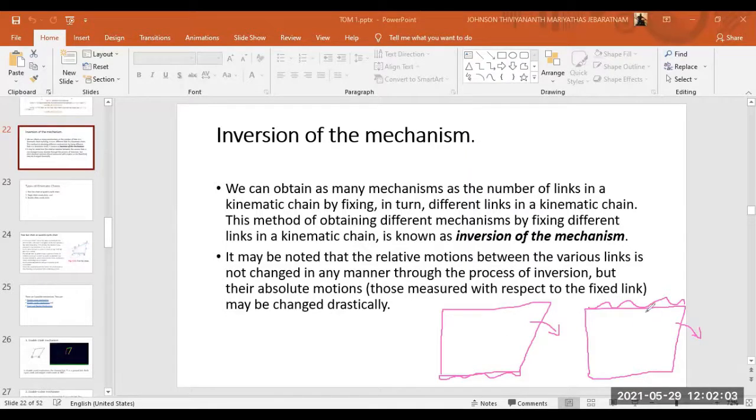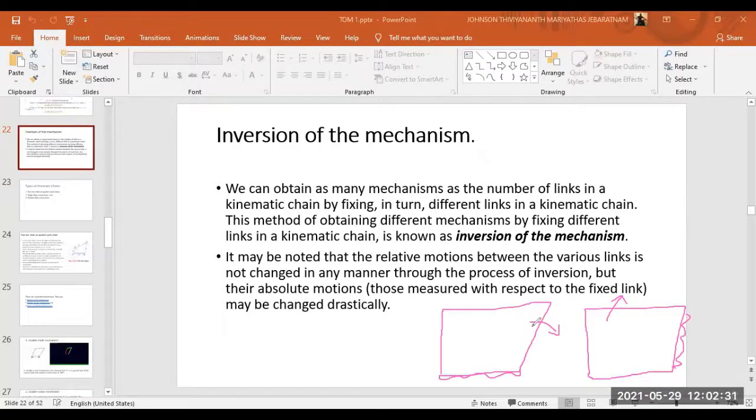Say, for example, I am not fixing that link. I will fix this particular link. What will happen? Now I am going to fix this link, and maybe this link will move. So here this link moved, so it has some velocity, some acceleration, and those vectors. But here that link is fixed, so there is no movement.